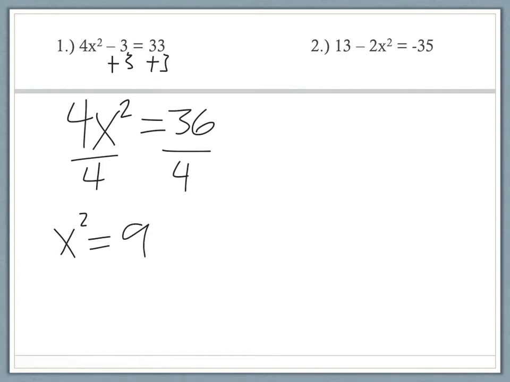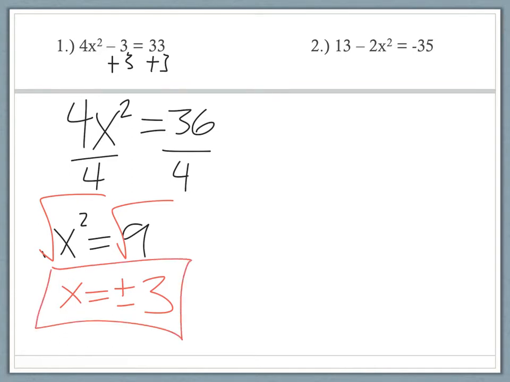Now once we have that, we're going to square root both sides. Let's change colors. So I'm going to have x equals. Now if I square root both sides, we have to remember that this could be a positive or a negative 3, just like we talked about on that first slide. That would be my answer.